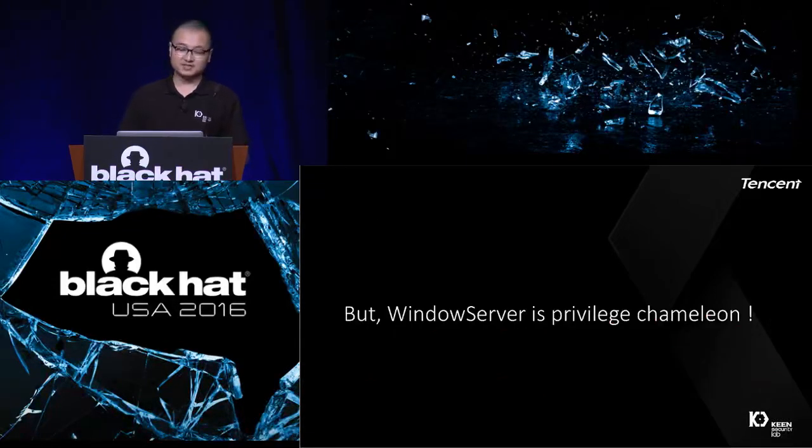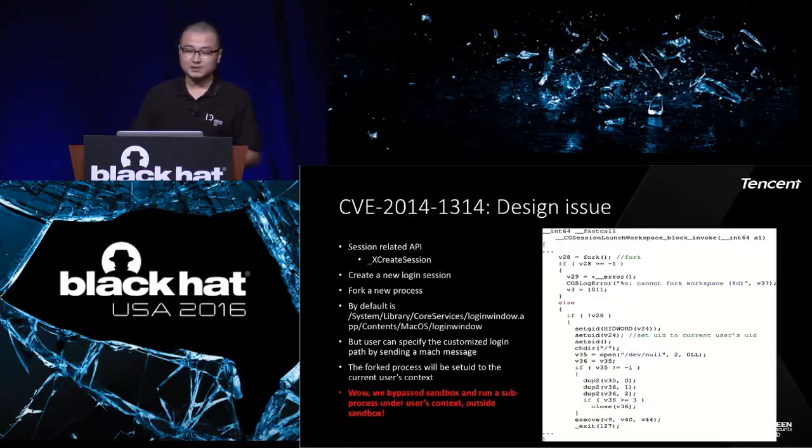But WindowServer is actually a privilege chameleon. It can change privilege, and I will illustrate it with 3 bugs. The first bug is actually the bug we used at Pwn2Own 2014. At that time, we audited an API called XCreateSession. This is a server-side API which allows you to create a new login session.